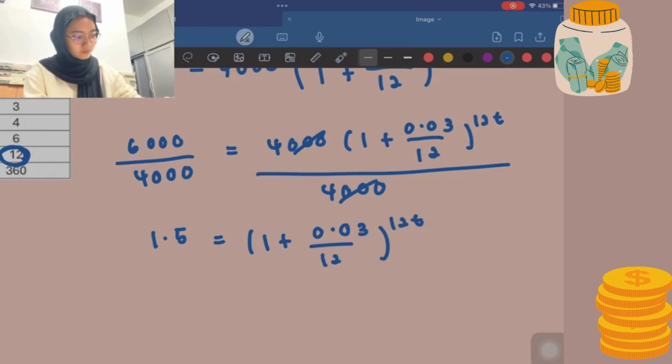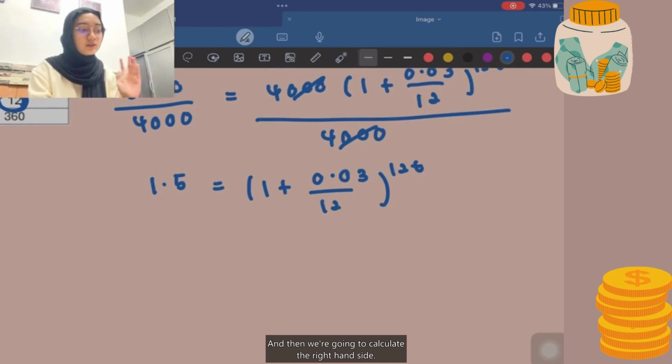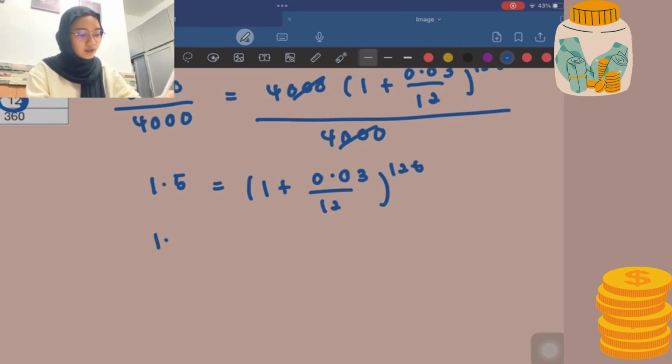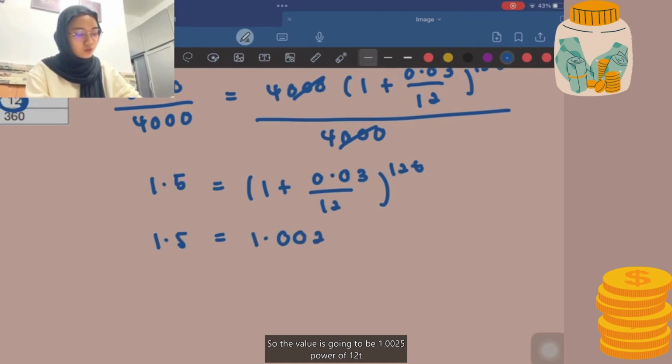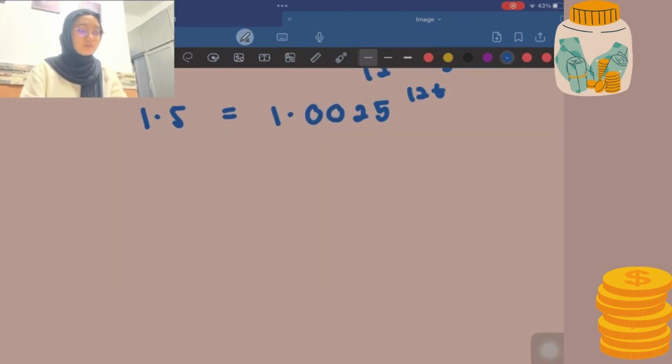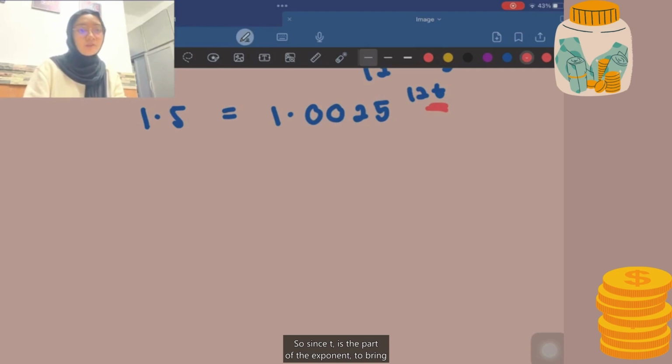And then we're going to calculate the right hand side. So the value is going to be 1.0025 to the power of 12t. So since t is part of the exponent, to bring it down, we will apply logarithm on both sides.